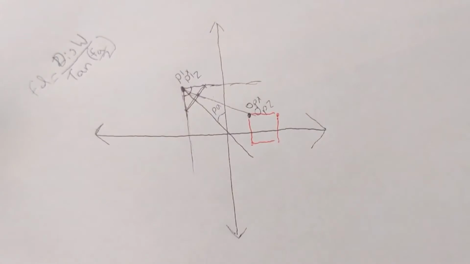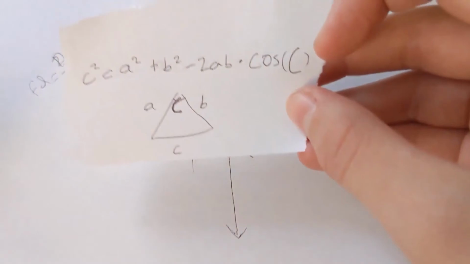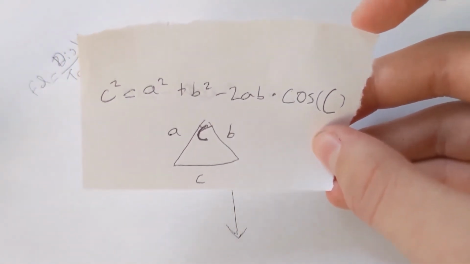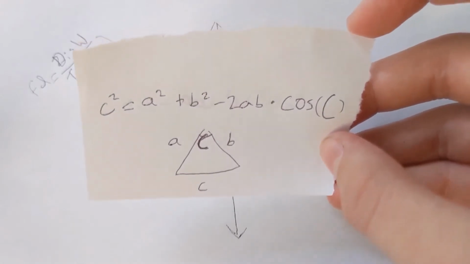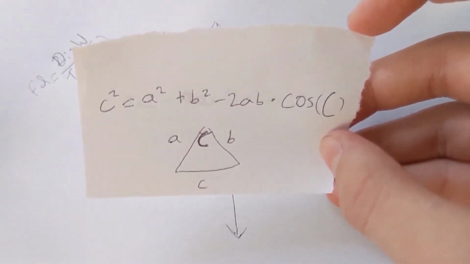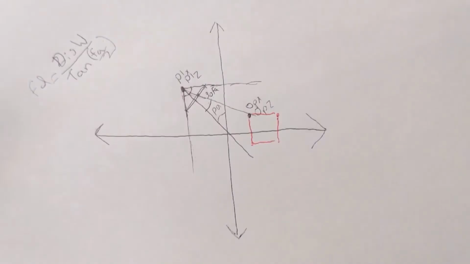We can find the coordinates by finding the distance from some fixed point on the screen. This shouldn't be too hard since we have this amazing tool called the Law of Cosines, which states that c squared equals a squared plus b squared minus 2ab times cosine of C, where a, b, and c are sides and capital C is the opposite angle from side c.